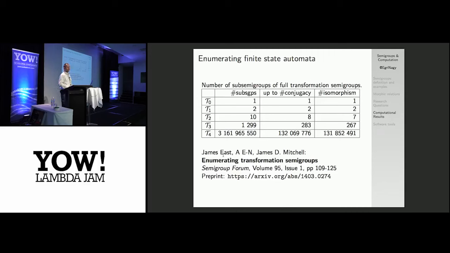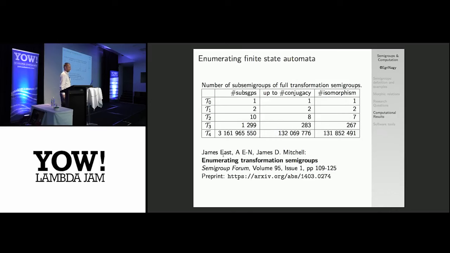Some of you might have seen these numbers at the Sydney Clojure meetup, like 2 years ago. That's the speed of progress we have in this. We could go up to 4 states. So now we know all possible computations with 4 states, but that's where our knowledge stops. It's up to conjugacy, that means relabeling the states. Up to that symmetry, we have 132 million of them.